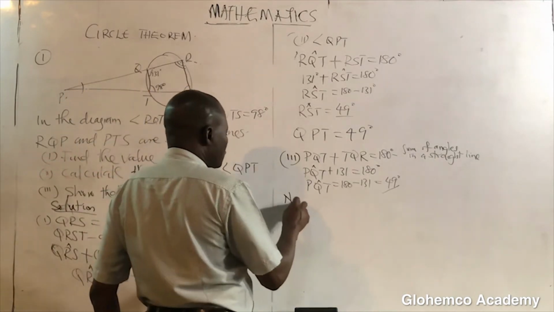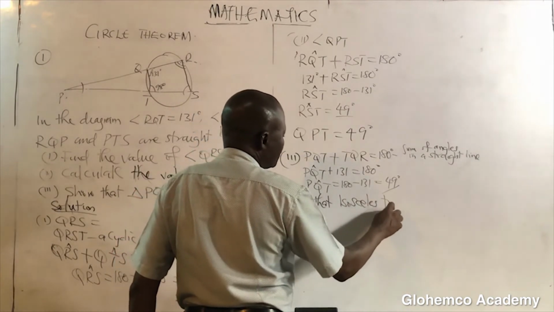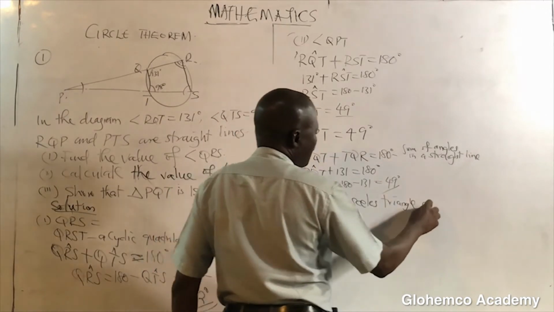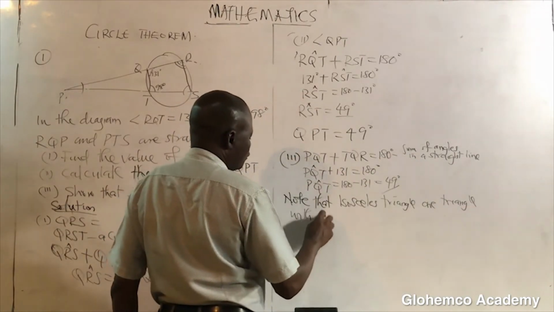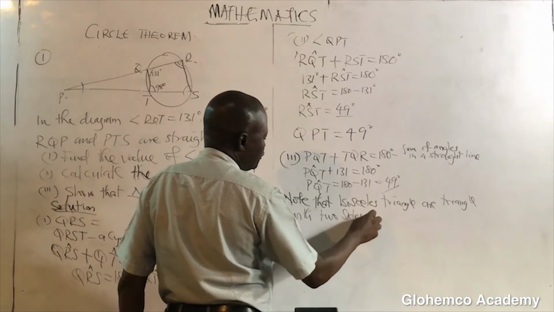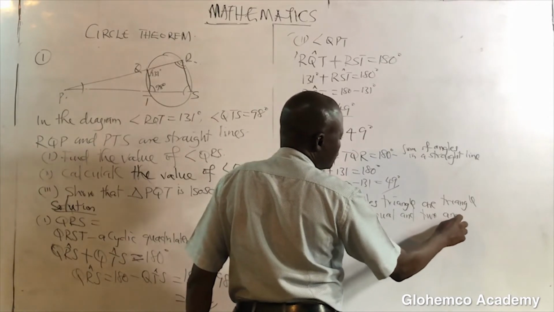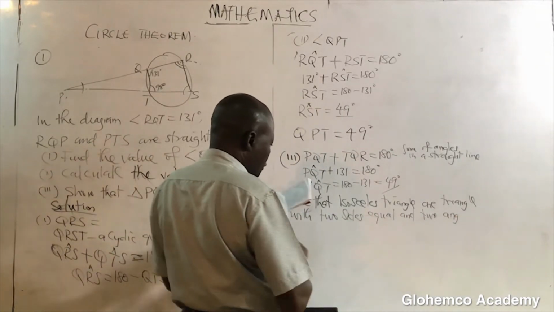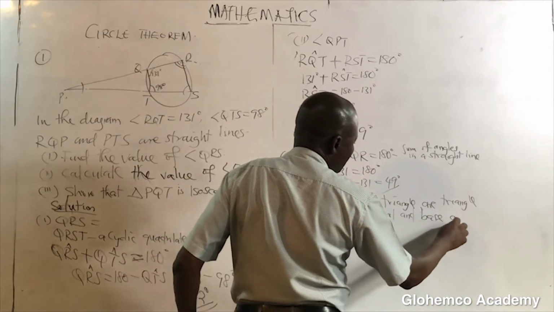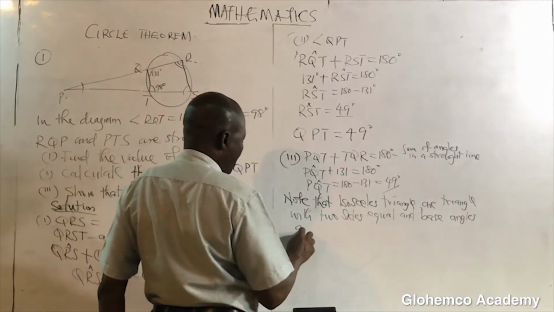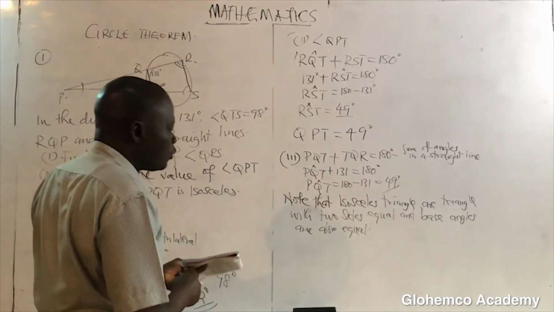Now, note that an isosceles triangle is a triangle with two sides equal, and then the base angles are also equal.